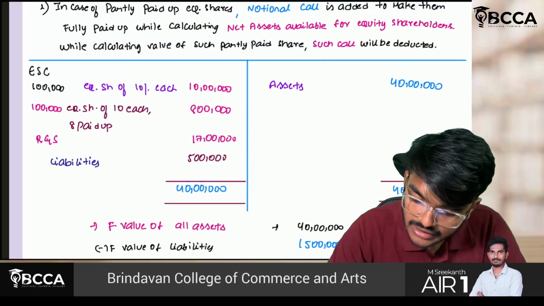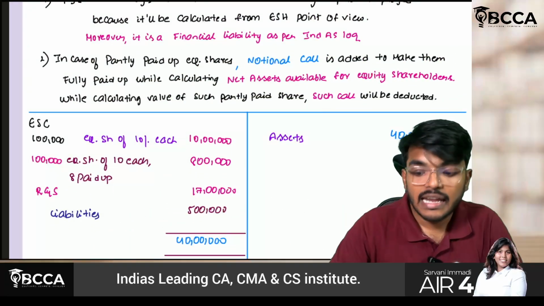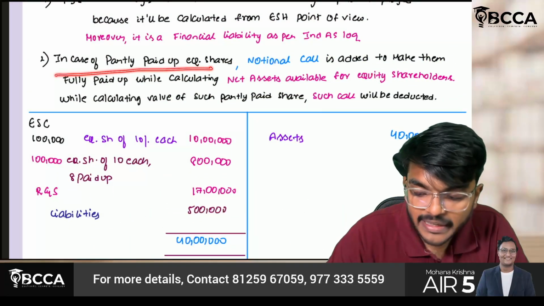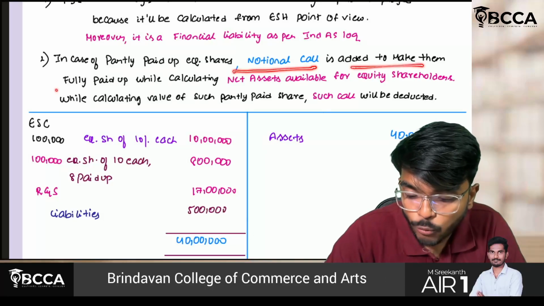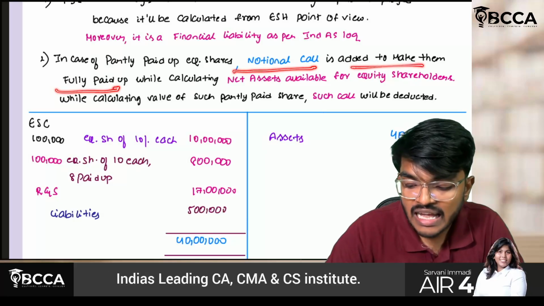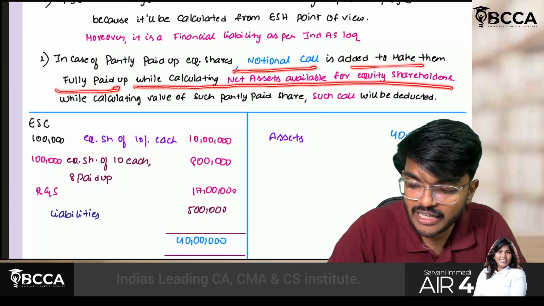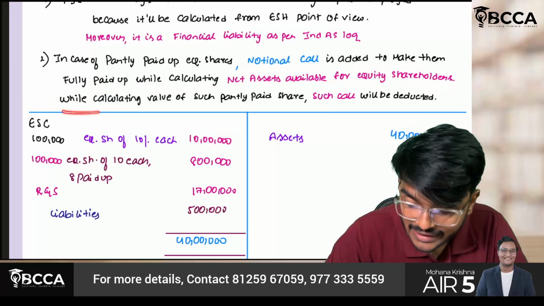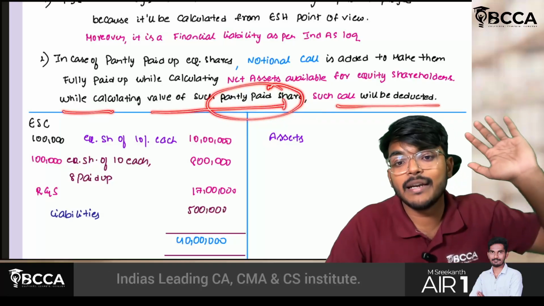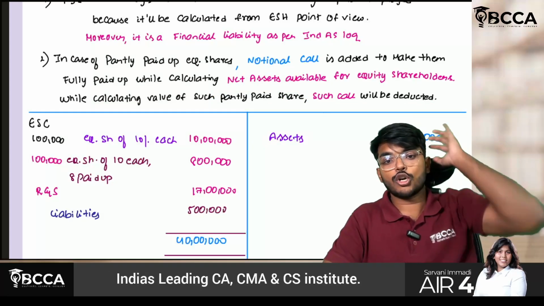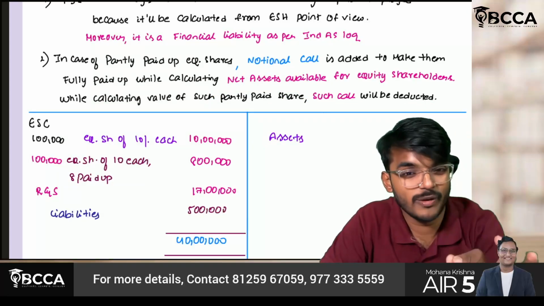So if you read this point, you will understand. In case of partly paid up equity shares, first you will add notional call to make them fully paid up, while calculating net assets available for equity shareholders. While calculating value of such partly paid up share, such call will be deducted. It is very simple, Baba.